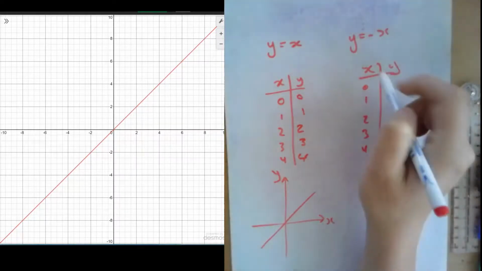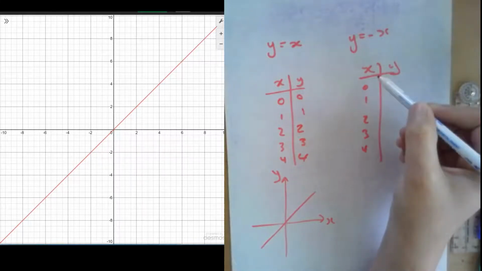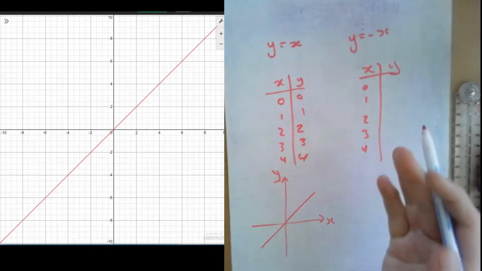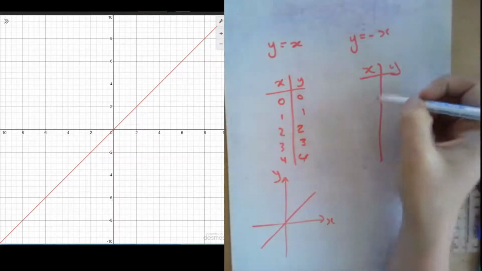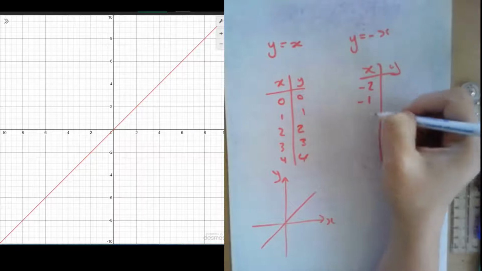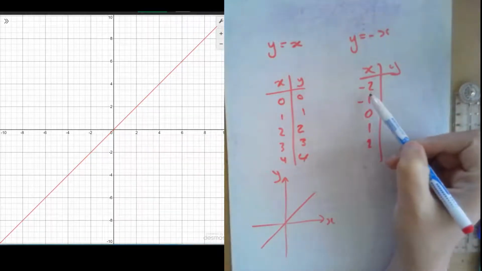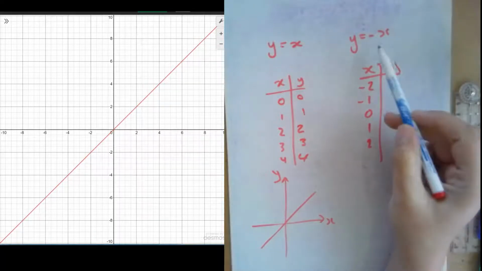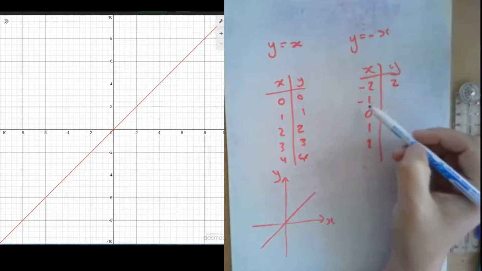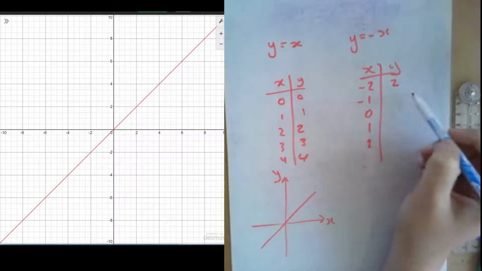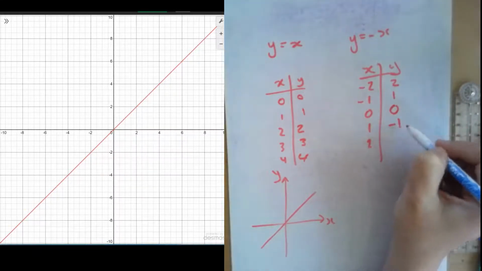For the next one, y equals -x. So I'm going to take whatever this is, and I'm just going to multiply it by -1. That reminds me, let's put some negative numbers in there as well: -2, -1, 0, 1, 2. So -2, but I want the negative of it because it's the negative of this. So -1 times -2 is +2. -1 times -1 is 1. This is 0. 1 times -1 is -1.